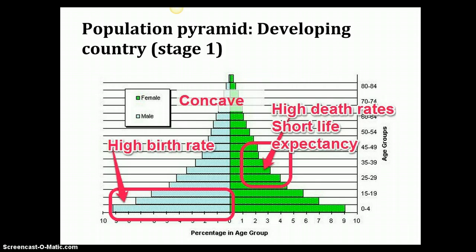It's a population pyramid of a developing country in stage 1. It's safe to say that this is a poor country, a developing country, or LEDC, where you have very, very high birth rates, high death rates, and very short life expectancy.